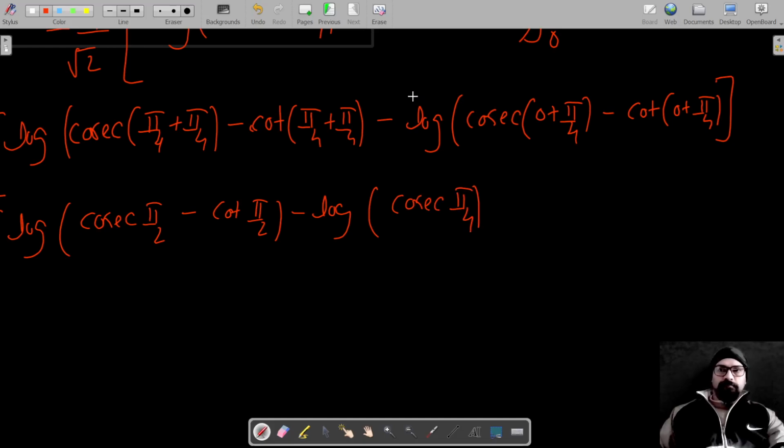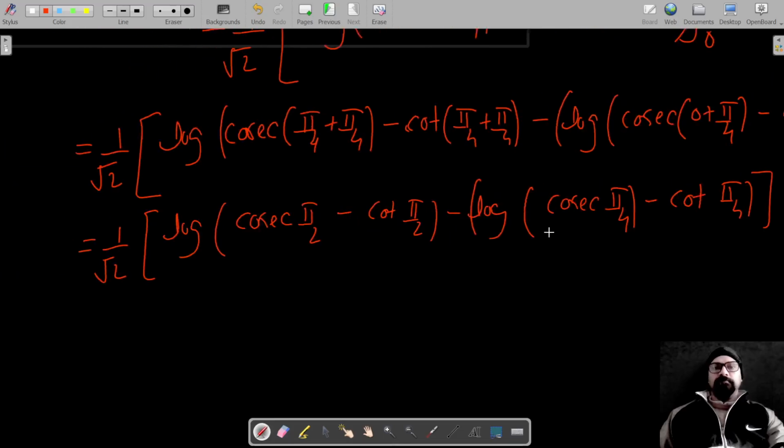That's right. This is actually in the bracket. So this becomes plus. Let's solve this first. And this is negative log of cot of pi by 4.